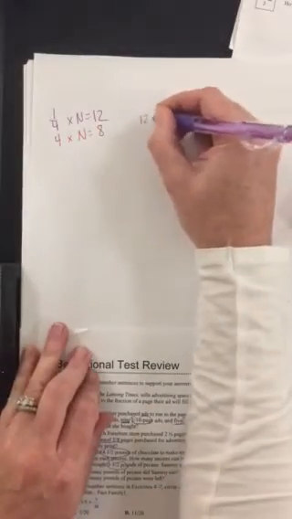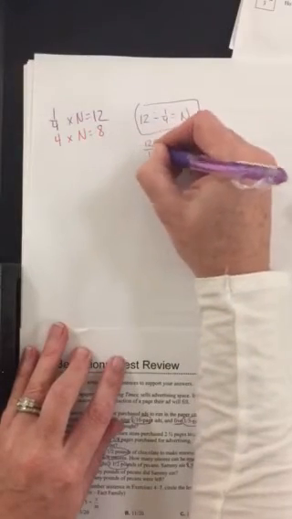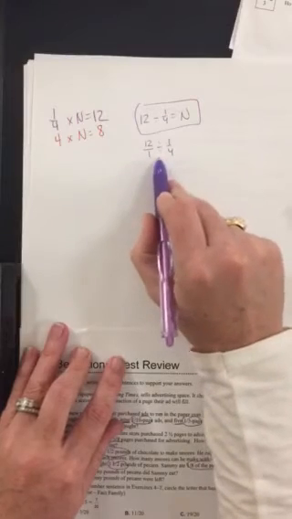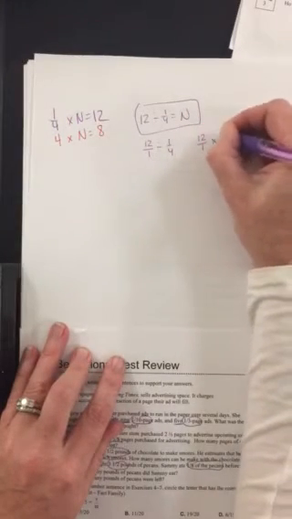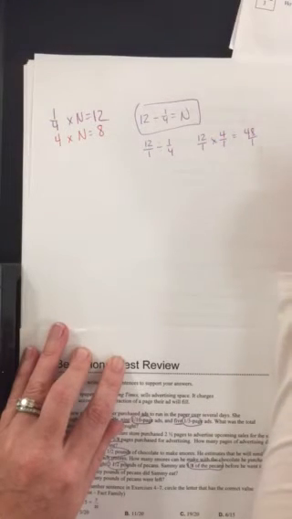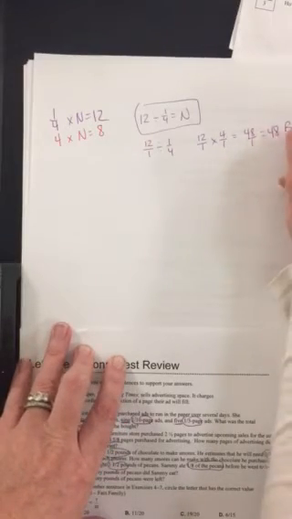So 12 divided by 1/4 is going to give me n. There's part of my answer. I'm going to put that 12 over 1. When dividing fractions, don't ask why. Flip the second and multiply. So I'm going to change this to 4 over 1 and multiply, which gives me 48, which is B.